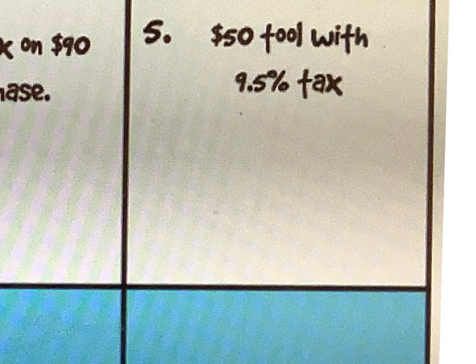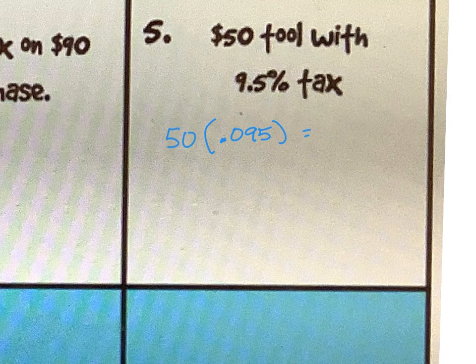This time we have a $50 tool with 9.5% tax. Ouch, that is a lot of tax. You take your $50, and to figure out the amount of the tax, we're going to use 9.5%. Remember, we want to move that decimal twice to the left, so we get 0.095.